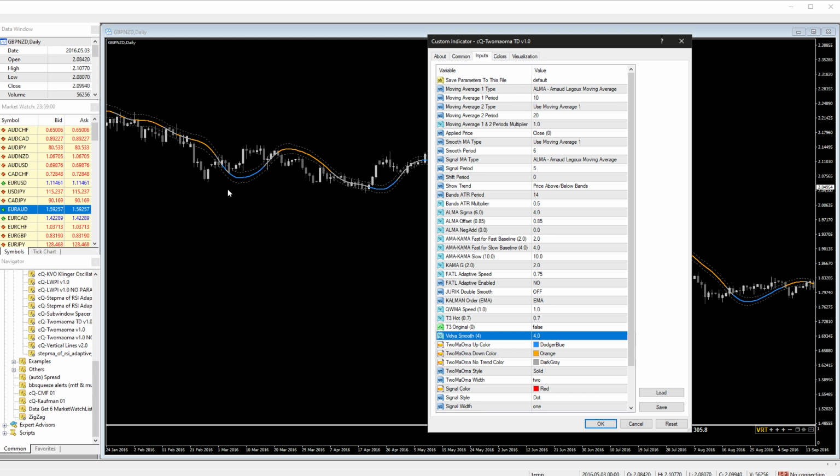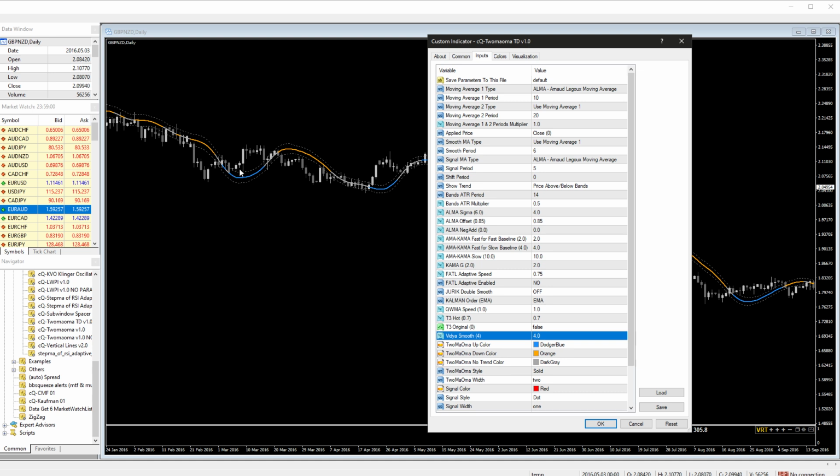There is a no parameters version. It's currently not on this machine, but it will be in the zip file, and it will allow you to save your current parameters to a file, and then when you load the no parameters version, you just type in whatever that file name is, and it will load the exact parameters into that indicator.